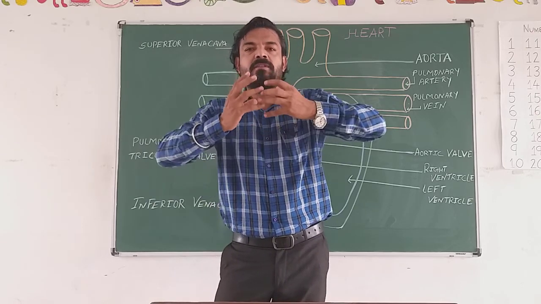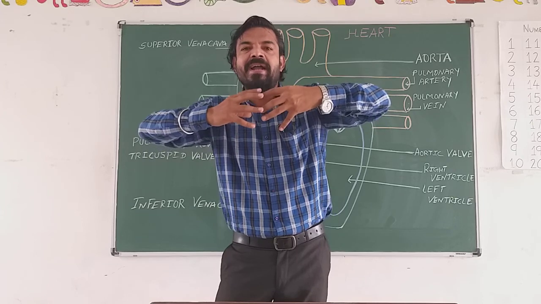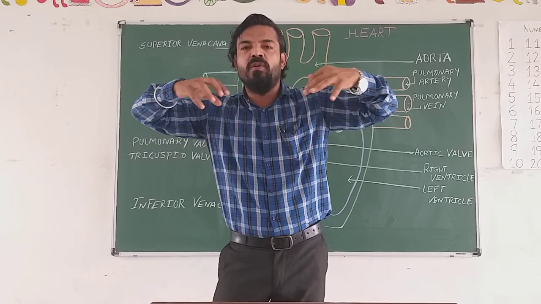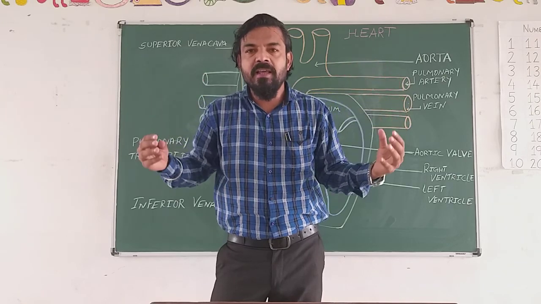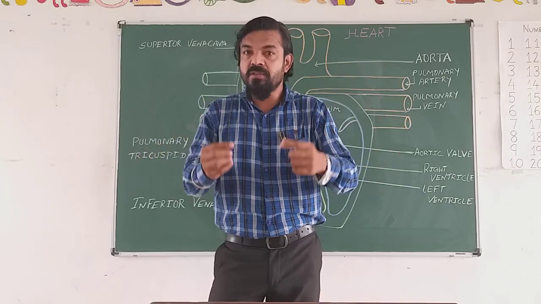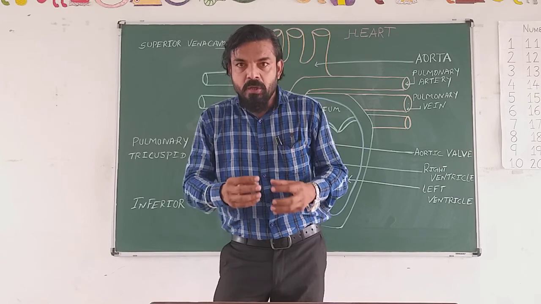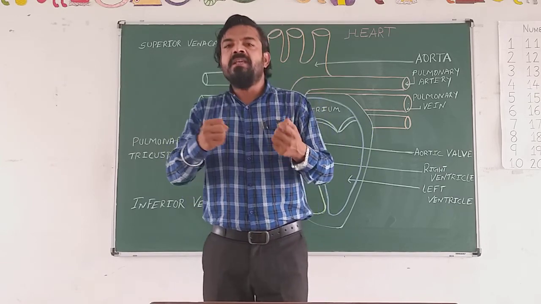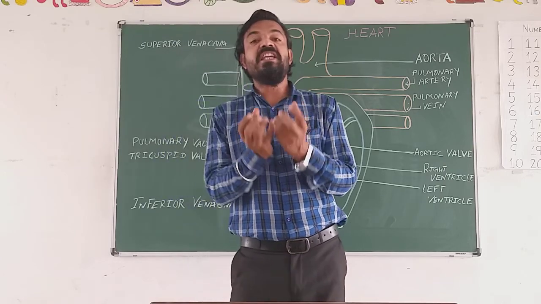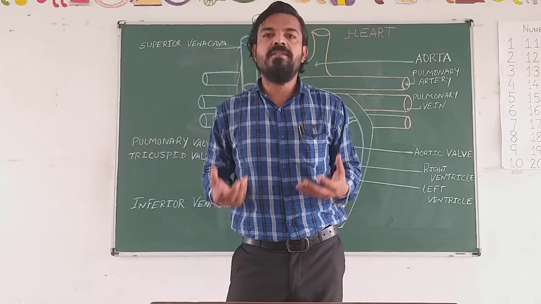and these vena cava are divided into small veins, and the small veins are again divided into the capillaries, which I already discussed. What are the capillaries? These capillaries get the blood which is deoxygenated. What is deoxygenated?